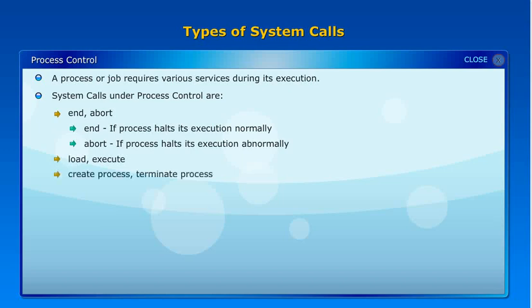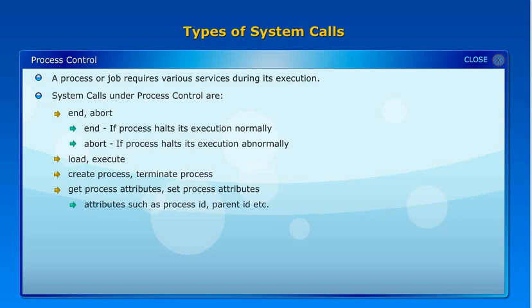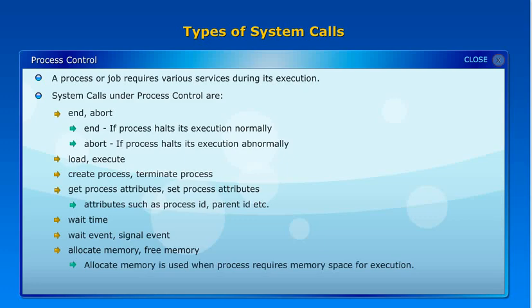Create process, terminate process. Get process attributes, set process attributes. Attributes such as process ID, parent ID, etc. Wait time, wait event, signal event. Allocate memory, free memory. Allocate memory is used when process requires memory space for execution. Free memory is used to free the allocated memory when process finishes its execution.